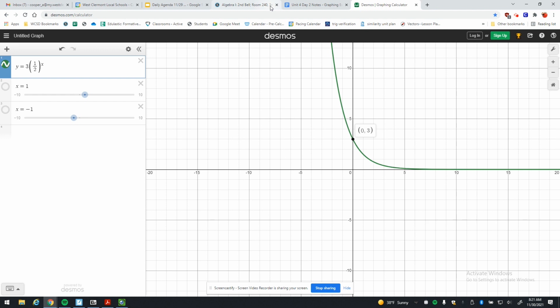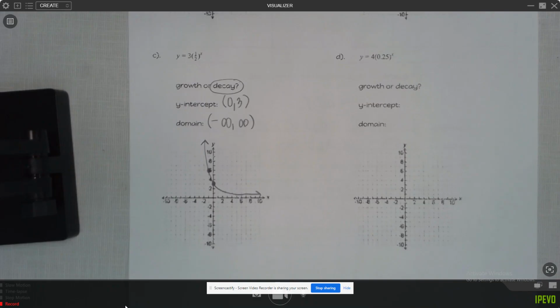Decay. So I do x equals 1 or x equals negative 1? Negative 1. I look where they intersect, which is at (negative 1, 6). Am I going to go below 0 on this one? No. So your graph should look like that.